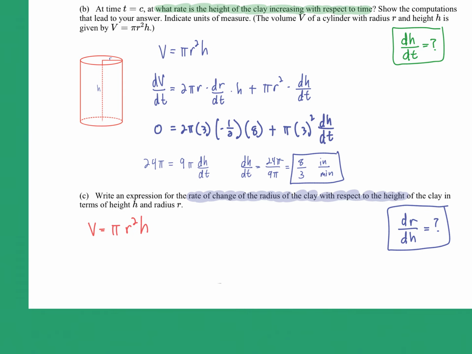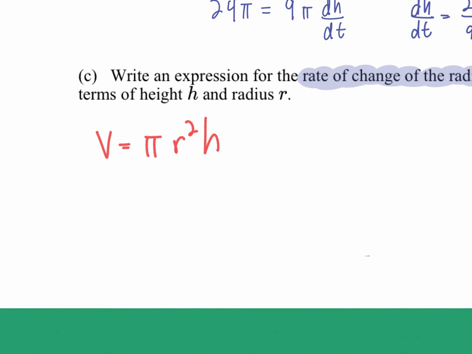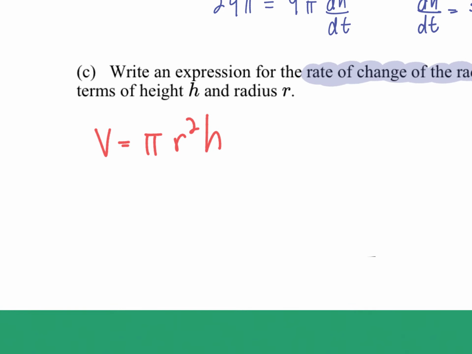Okay, so now we need to take the derivative of this, but with respect to height. So first we'll take the derivative of volume with respect to height, just dv dh. Then we'll make this one term in the product rule. So the derivative of pi r squared with respect to height is 2 pi r times dr dh.